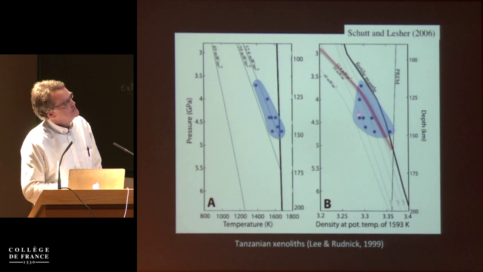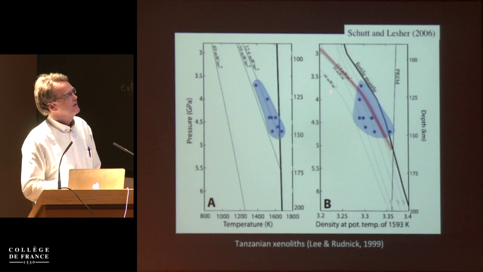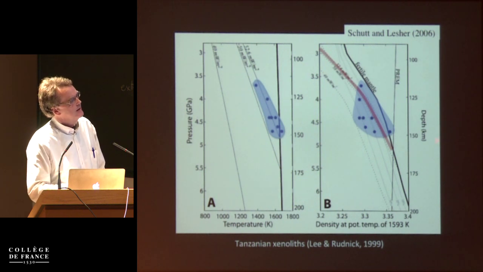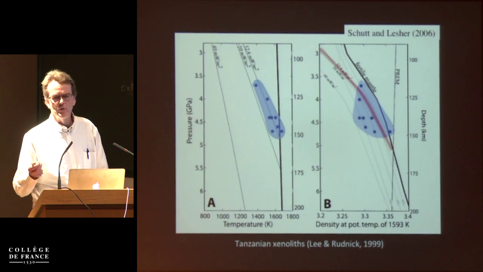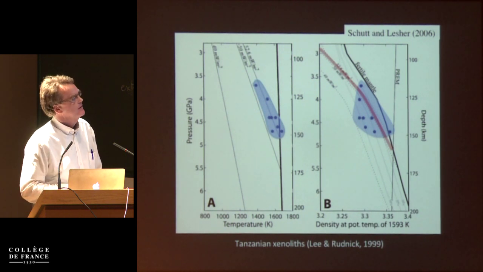Here you can see that for their geotherm, somewhere between there, coming through here, these xenoliths, at least the majority of these, and granted there aren't a lot of them, are actually lying below this isopycnic line. So they're positively buoyant with respect to that reference situation.